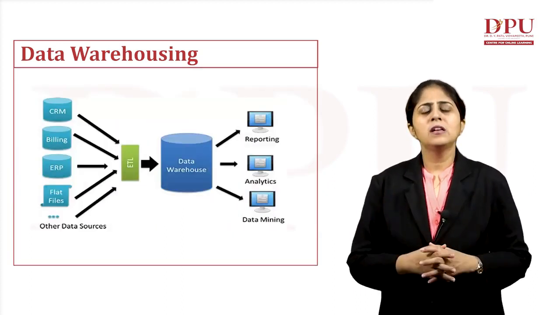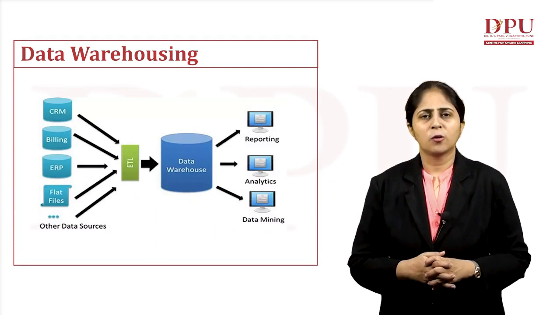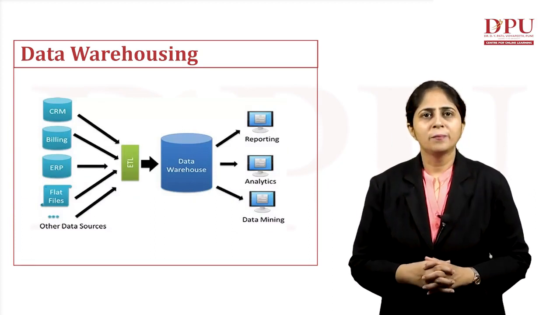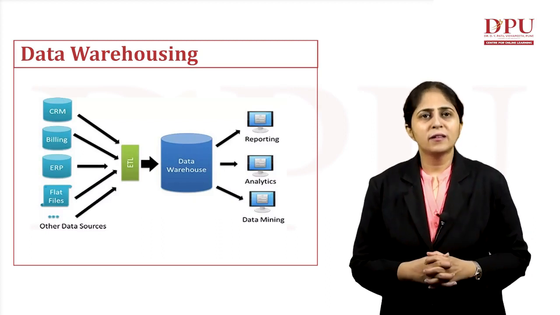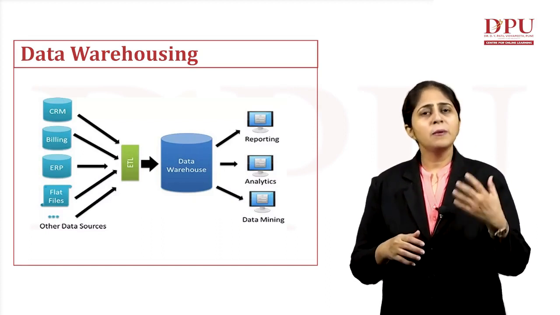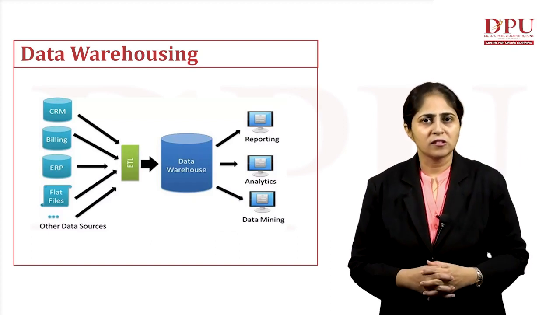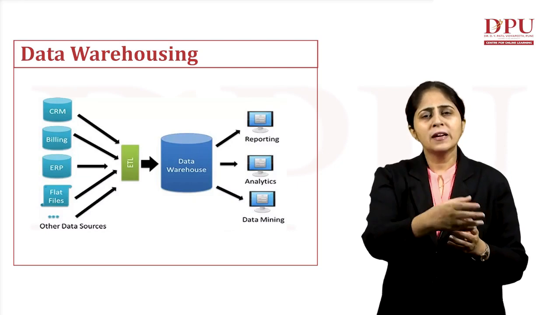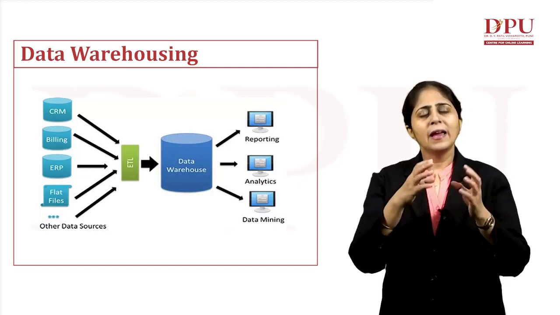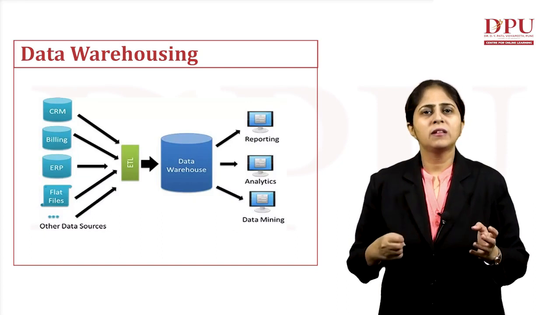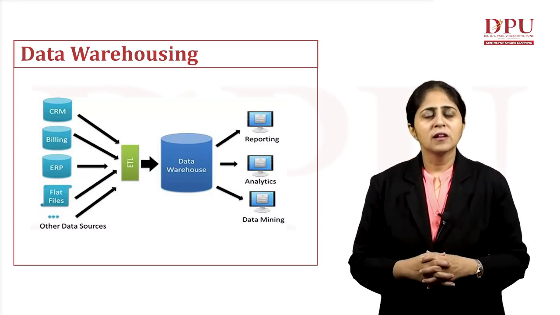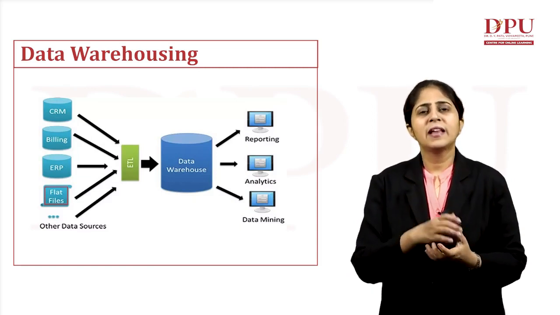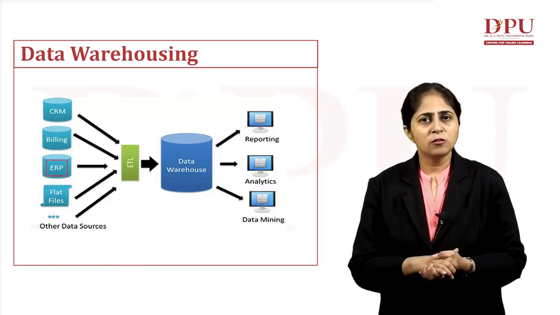Talking about the structure of the data warehouse, as you can see, we have a data warehouse in the middle. Where is the data in the data warehouse coming from? It is coming from various data sources. A data source is anywhere from which we can retrieve data. They can be flat files, or major applications like ERP, which is Enterprise Resource Planning.